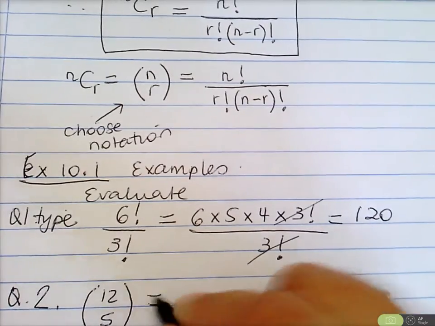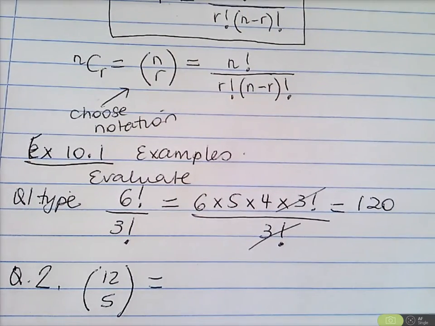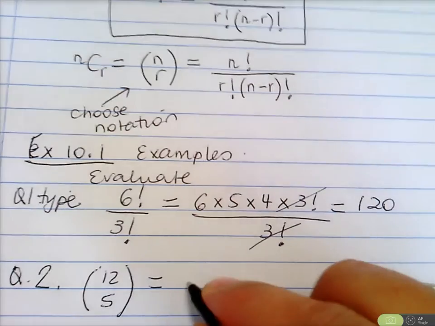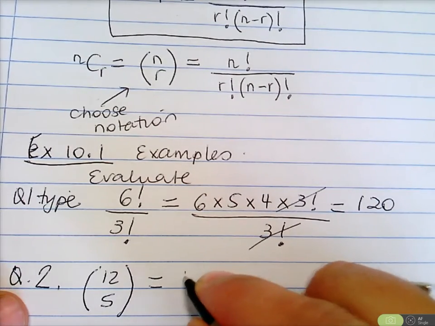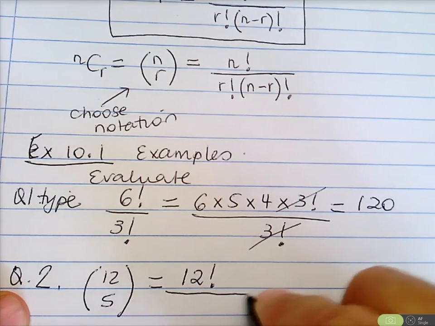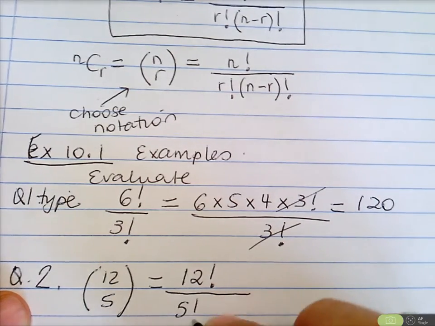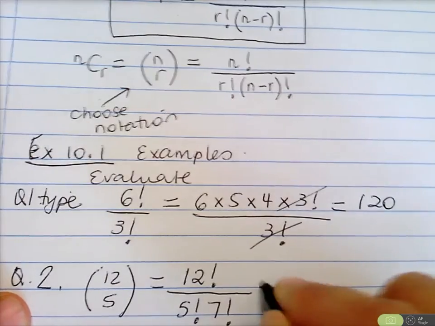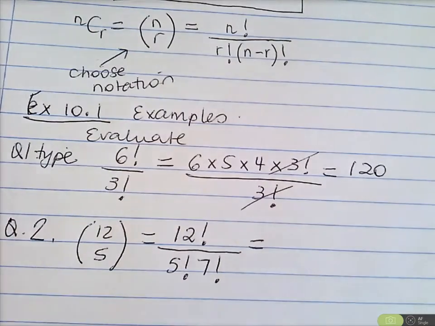12 choose 5. How do you do that? What does it mean? 12 factorial over 5 factorial times 7 factorial. So if you were working it out, I know you can do this on your calculator, 12 choose 5.